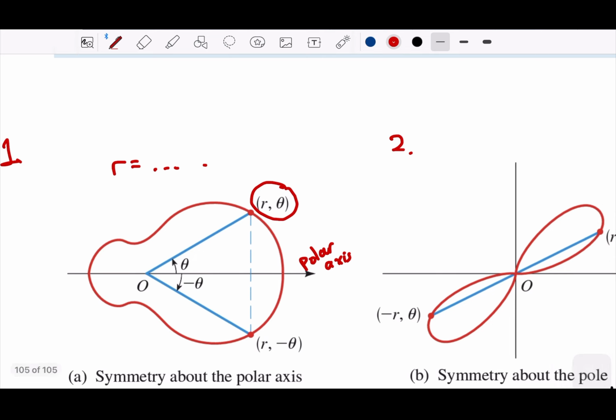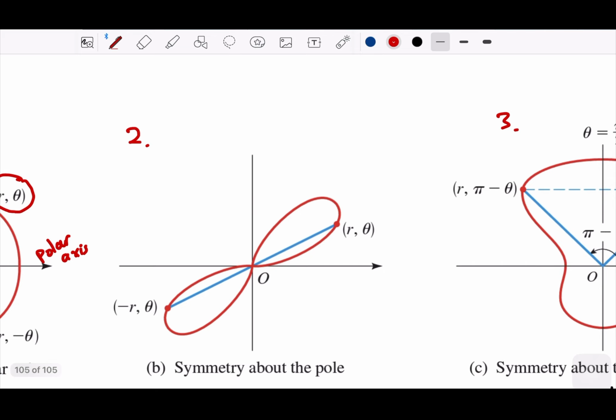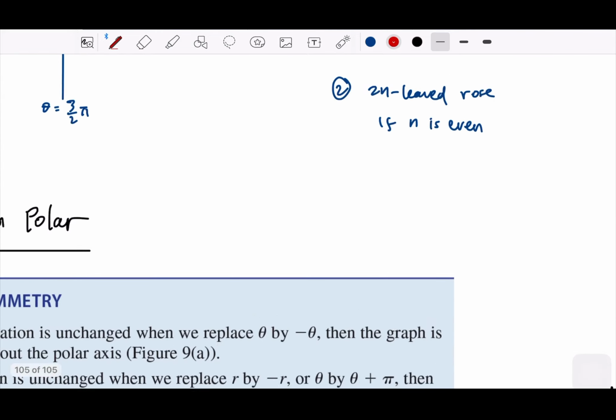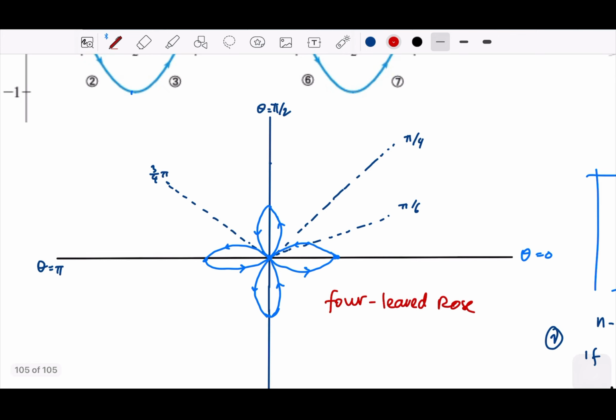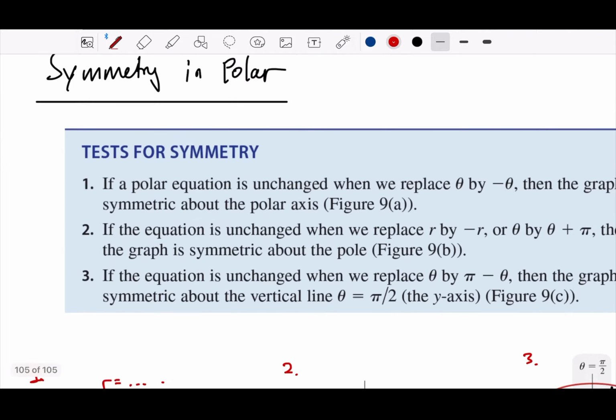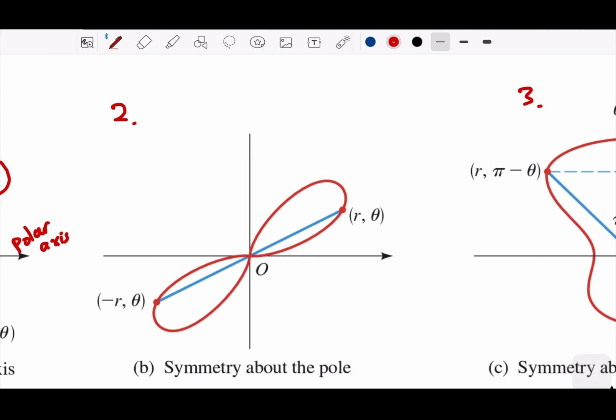Now I think this case is true for the rose curve, right? If you remember what we have here, we have the negative part of the radius. When we take that, it's actually the same theta, but the radius becomes negative, so it goes to these positions.